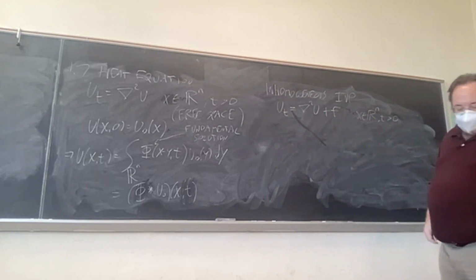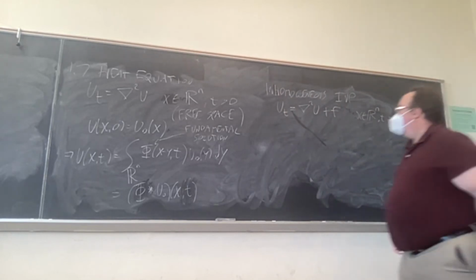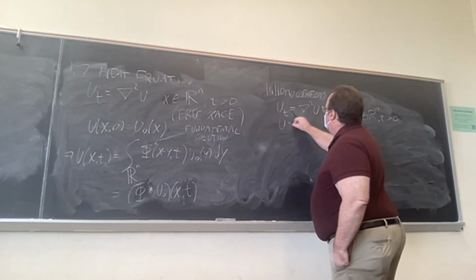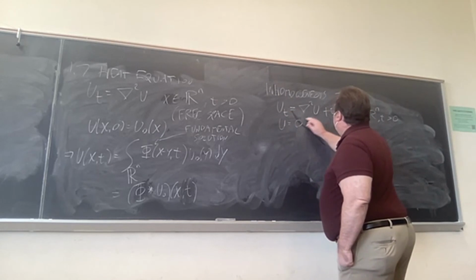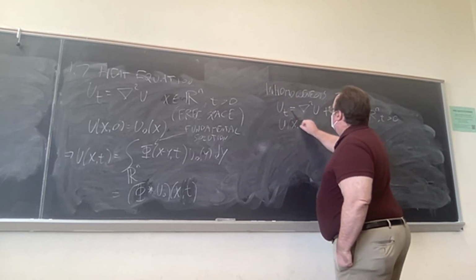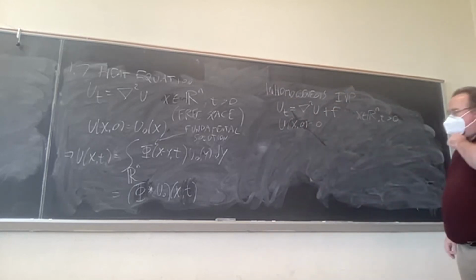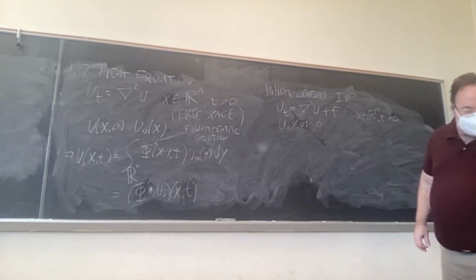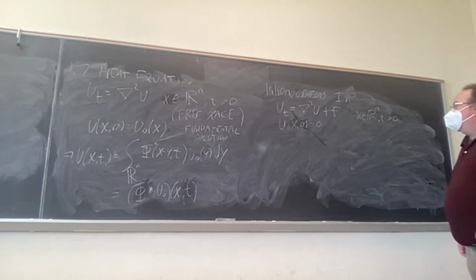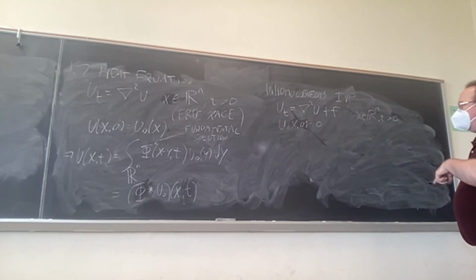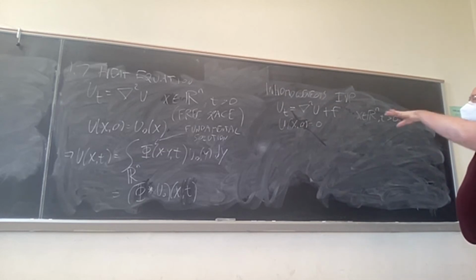And then I'll assume that the initial data is 0 this time. Okay. So it turns out it's actually pretty easy to write down the solution of this problem as well, and related to the solution of the homogeneous PDE here.